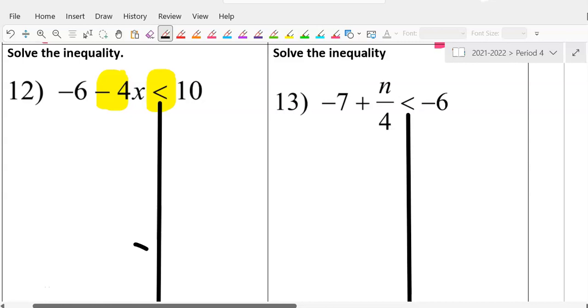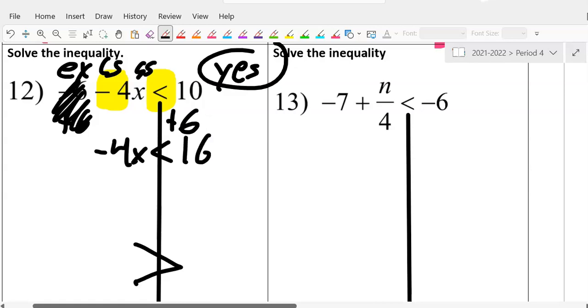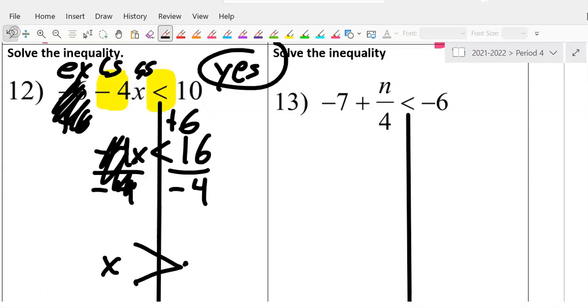So we can put a big yes up here, to know that we're changing it. So, superstar, co-star, extra. Add 6 on both sides. All right, divide by -4. And since we divided by a negative, we change the sign.